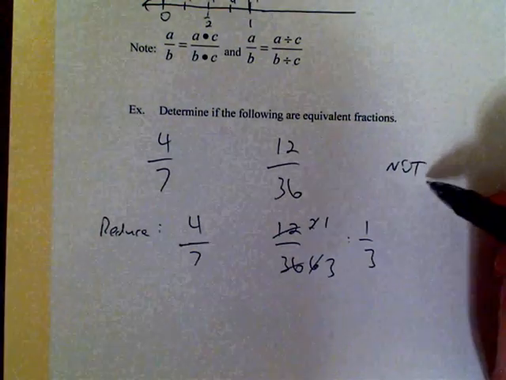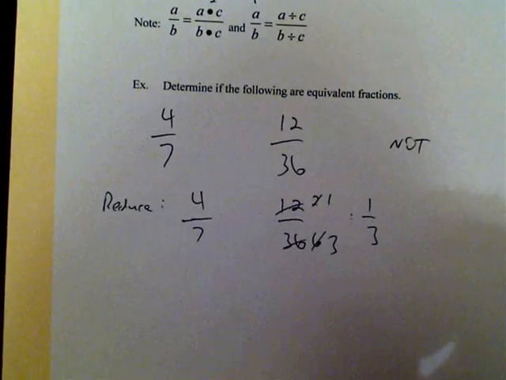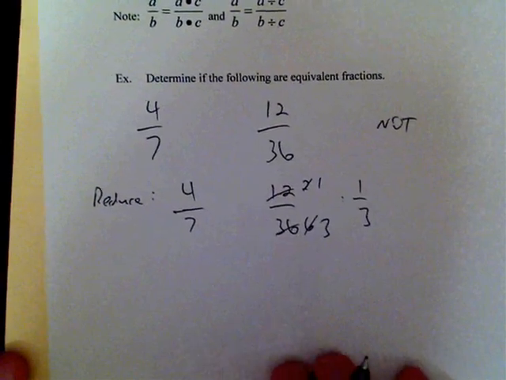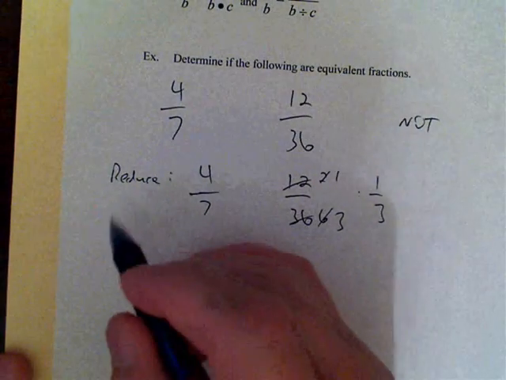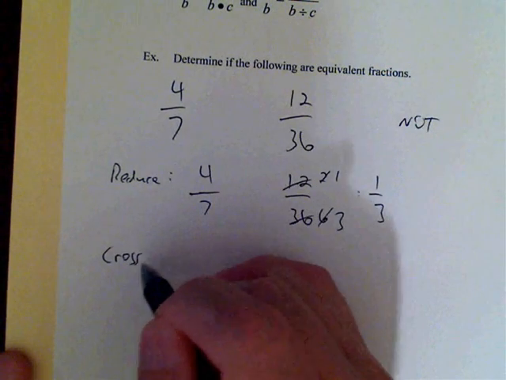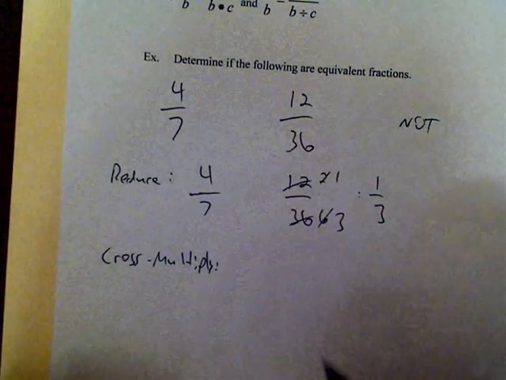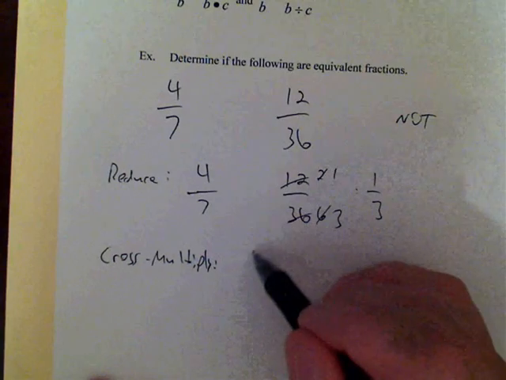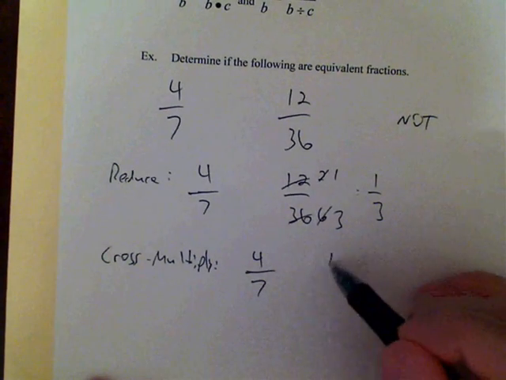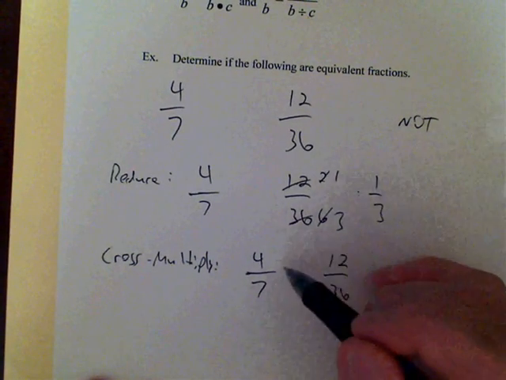Now there was another way. And I'm really kind of scared of showing this because some people think you can always do this. This is one of the very few applications where you can actually cross multiply. So don't make this a habit. What you can do is compare criss to cross.